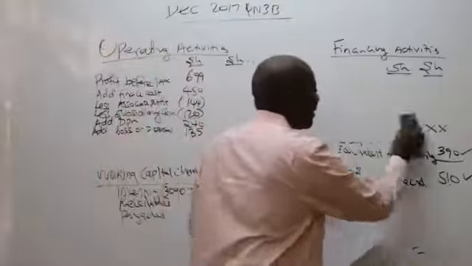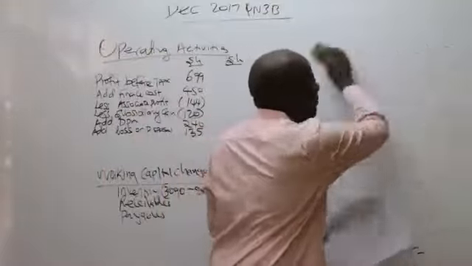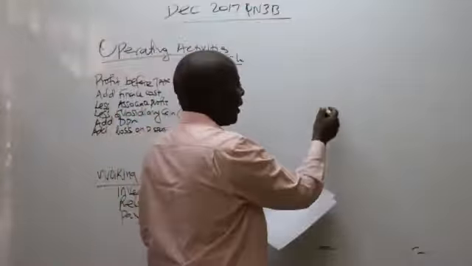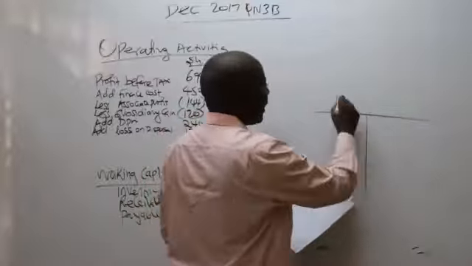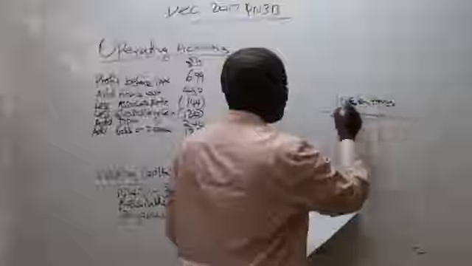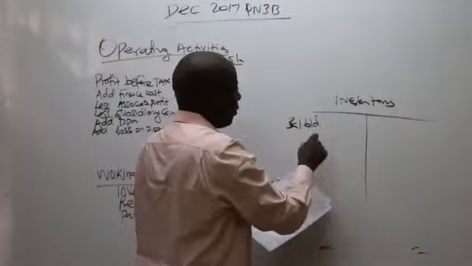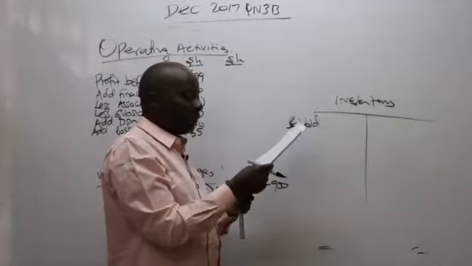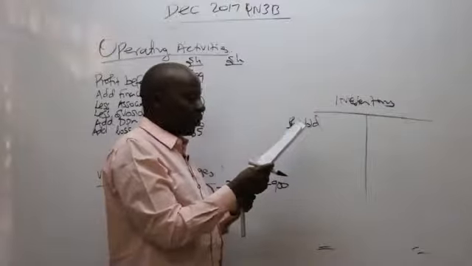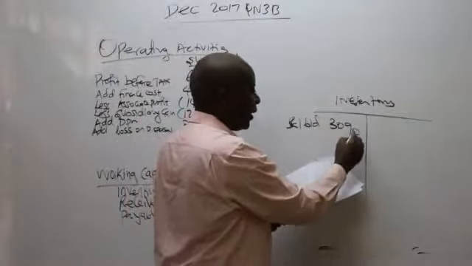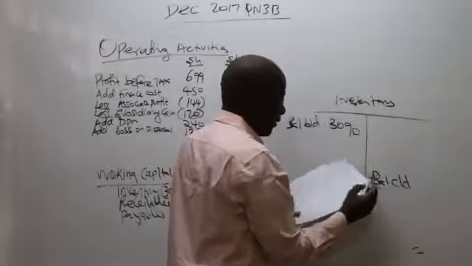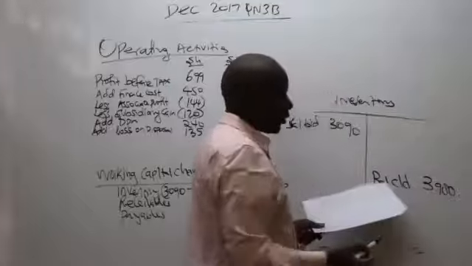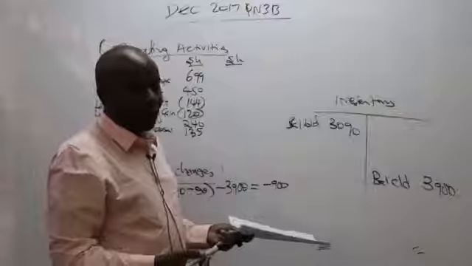I want to repeat again. Please allow the teacher to repeat. If you want, the teacher can even draw a T account. Say inventory, the balance brought down for 2016 was 3090. And the balance carried down for the current year, 2017, is 3900.